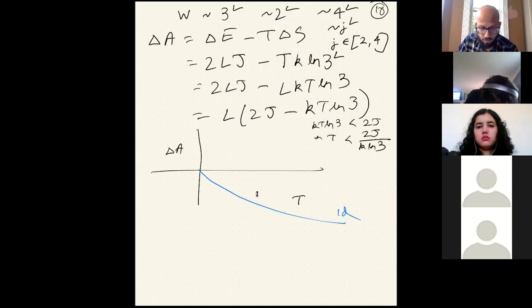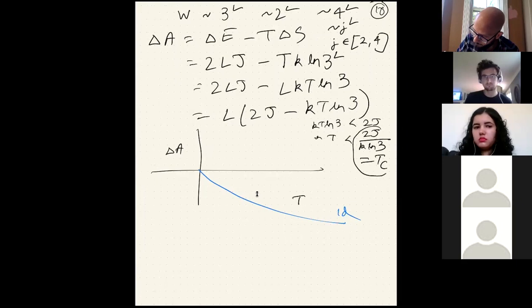Then delta A would be positive, and you have a cost for creating the boundary. So this is what we call our critical temperature, 2J by K ln 3.